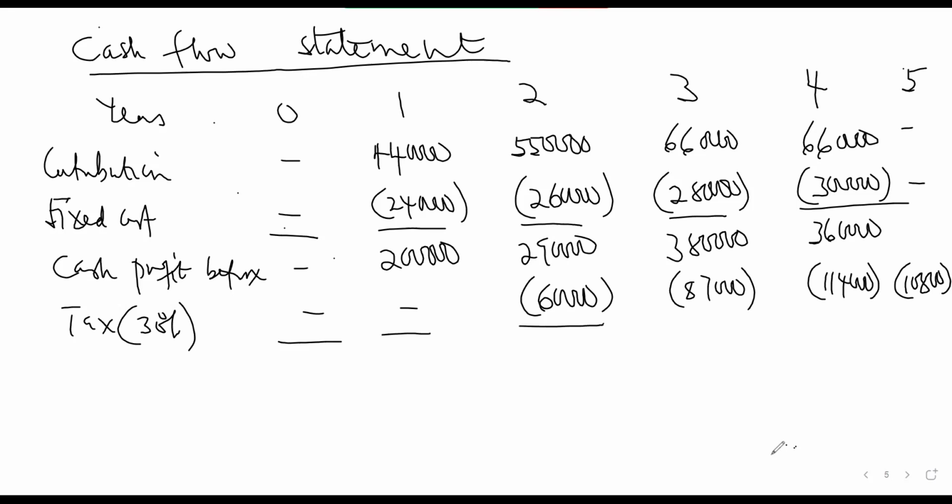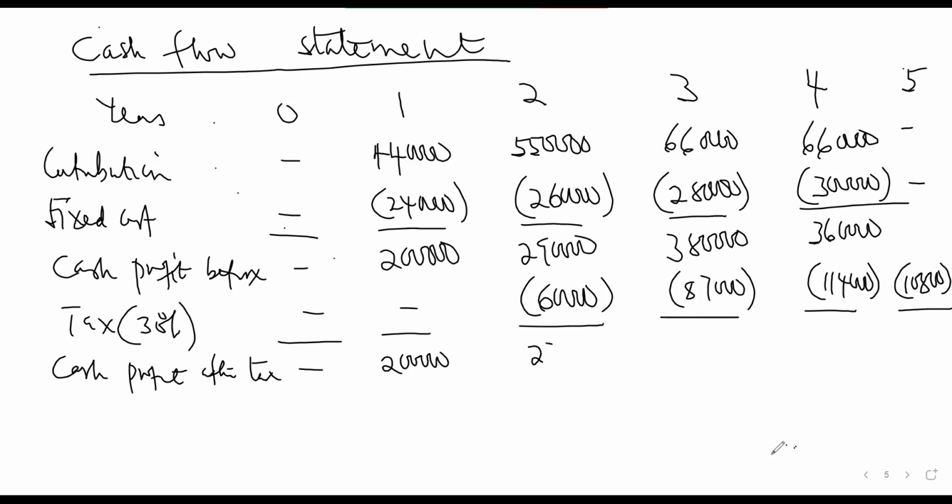So you can go ahead and have your cash profits after tax. You see that this will be 20,000.